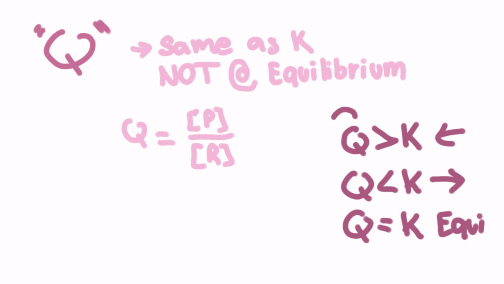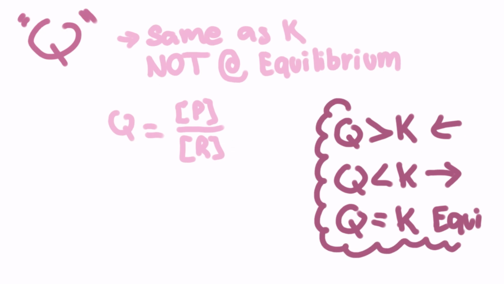Let's think about why this makes sense. Well, we're basically just adding a new letter to help us with Le Chatelier's principle. Because here, if products increase, this will cause Q to be larger than K, because we will have more over here at the top.